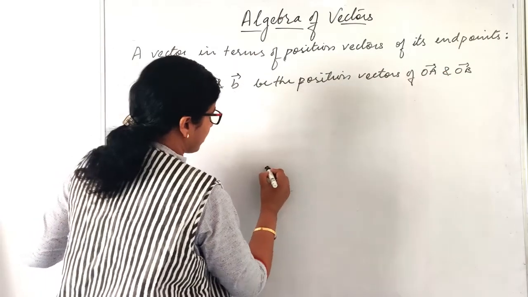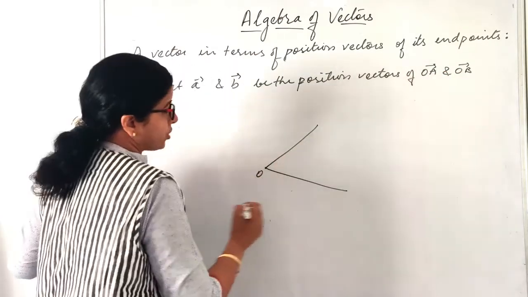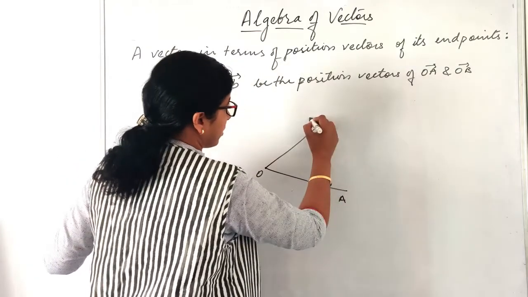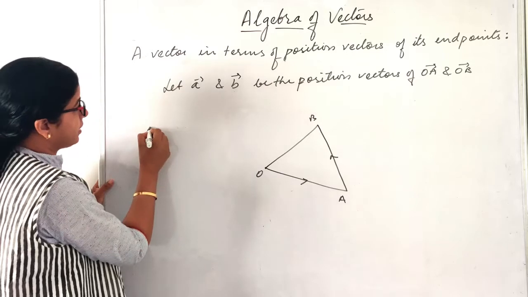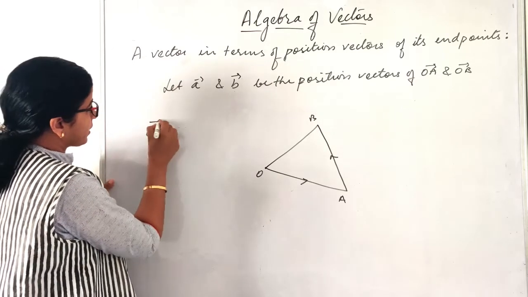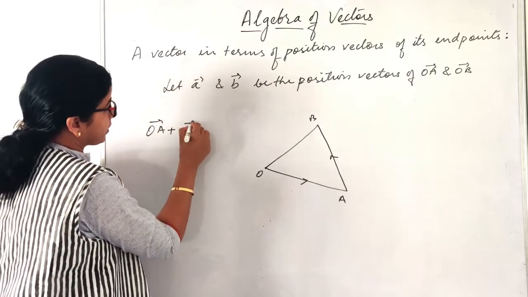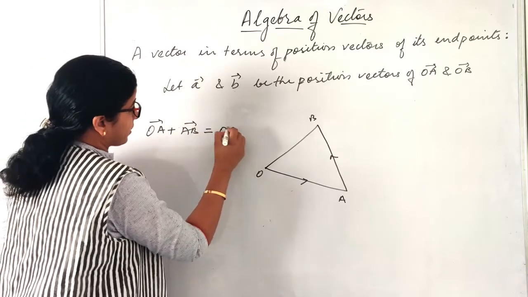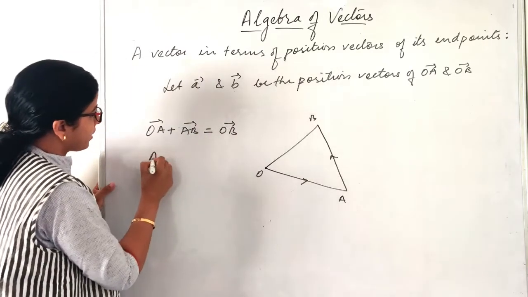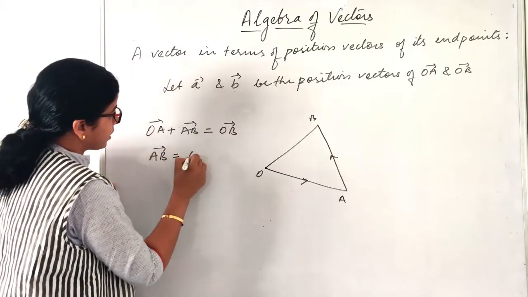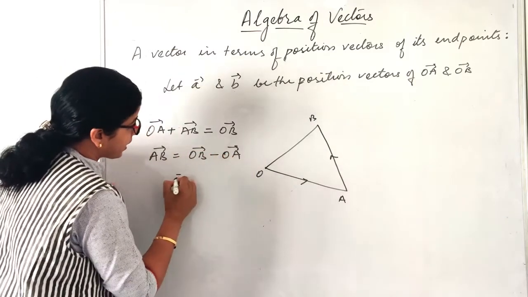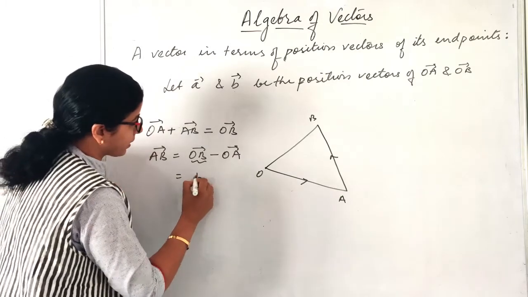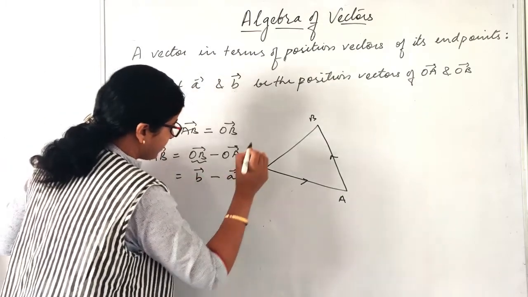So say for example, this is my origin, which is a fixed point or a reference point. Now by using triangle law of vectors, I can write OA vector plus AB vector equals to OB vector, right? Or I can write AB vector is equal to OB vector minus OA vector. I already know that my OB vector is B vector, and OA is A vector, right?